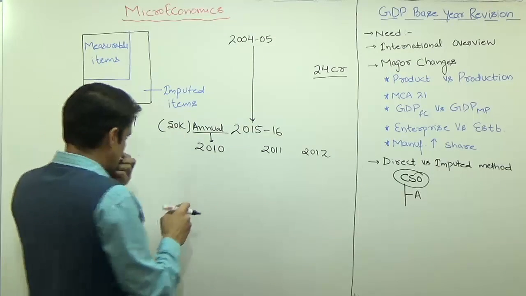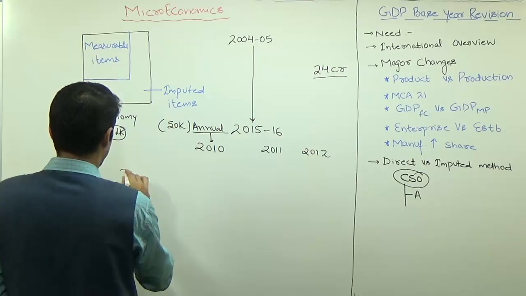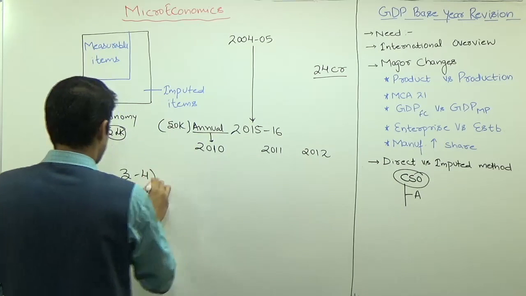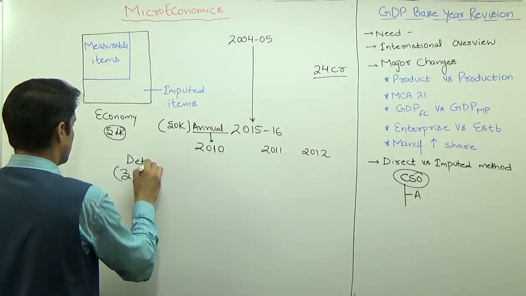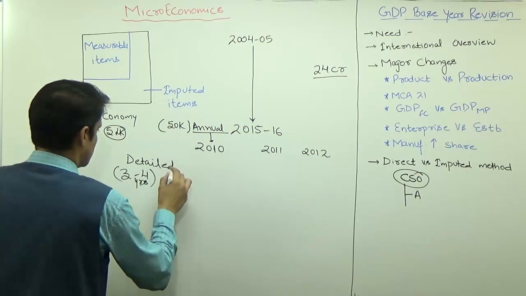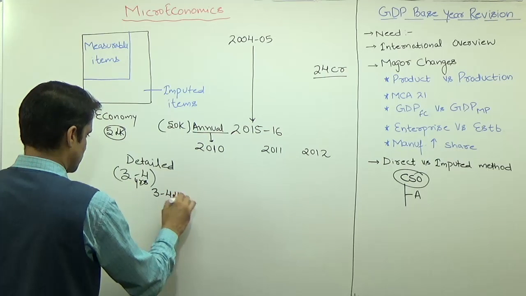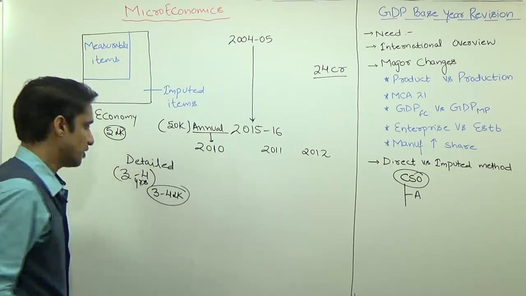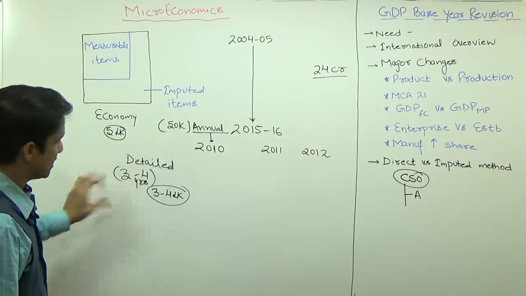And then after every 3 to 4 years, CSO will do a detailed survey. In this detailed survey, the sample size is 3 to 4 lakh households. It means roughly 6 to 8 times the annual survey; the sample size is big.